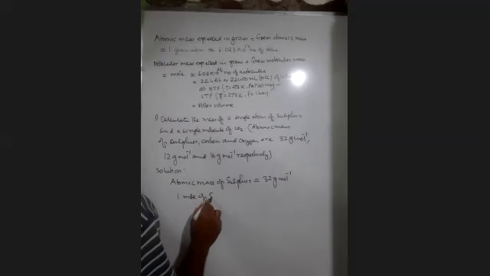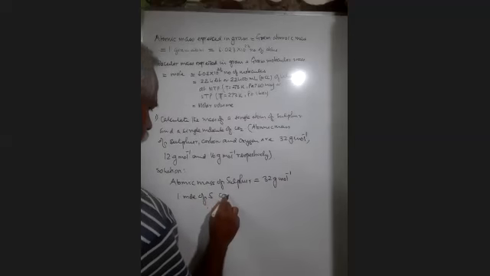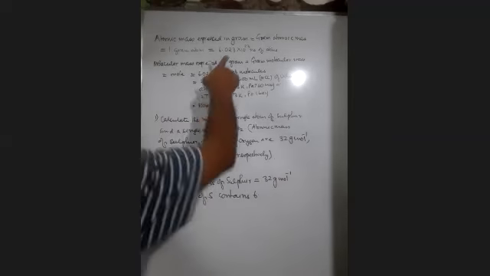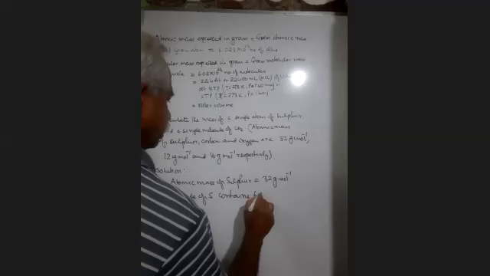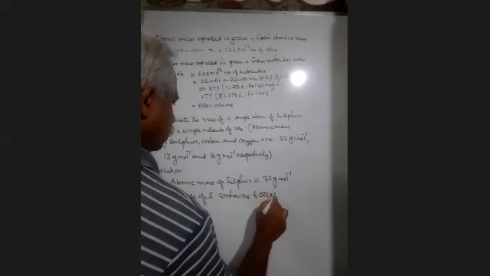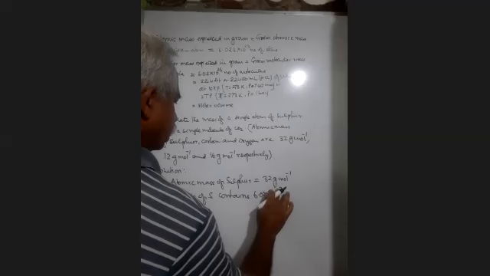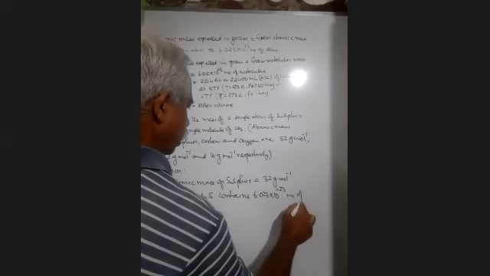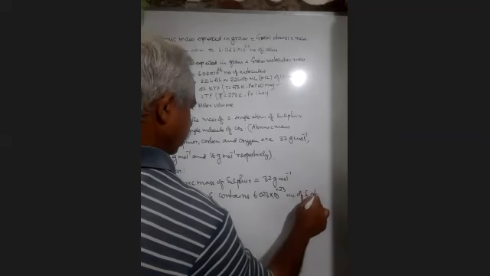So 1 mole contains how many particles? See here. So we'll write here: 1 mole of sulfur contains 6.023 into 10 to the power 23 number of sulfur atoms.